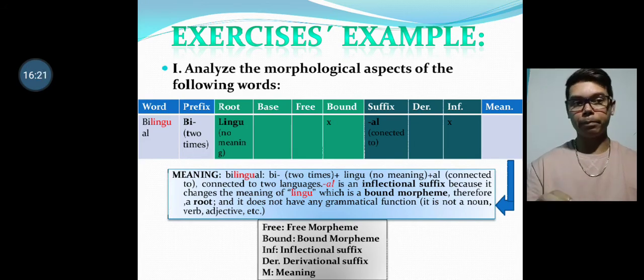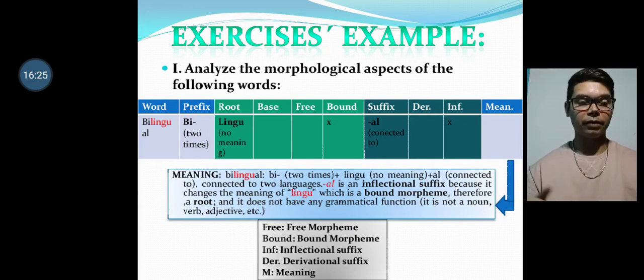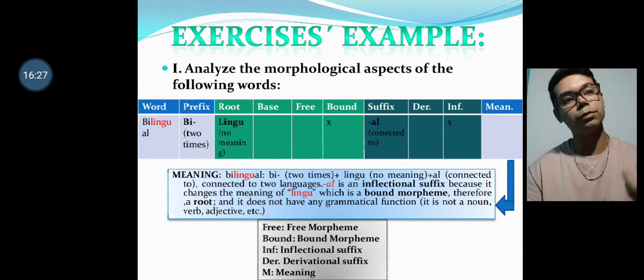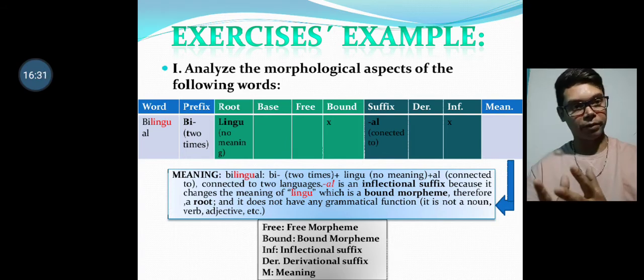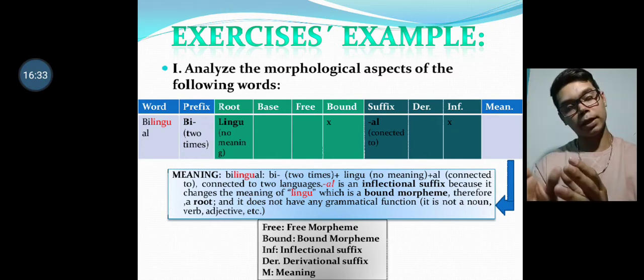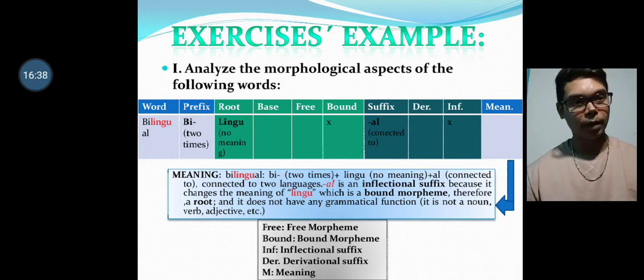Ahora, la parte más importante del ejercicio consiste en esto. Tienen que analizar el significado de esa palabra y ser capaces de construir, a partir de la información recabada, tanto de los prefijos como de los sufijos, y en todo caso de la raíz y la base, el significado que se quiere transmitir a propósito de hacer un análisis morfológico. We have the word meaning, they're bilingual.